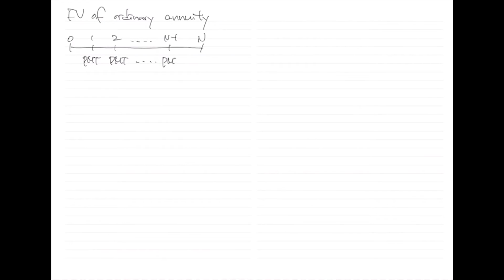If n is larger than this, how can you calculate future value of ordinary annuity? So the future value of ordinary annuity, there is many n years, 0, 1, 2, n minus 1, n. This is ordinary annuity, so payment occur at period 1, period 2, n minus 1, and n.